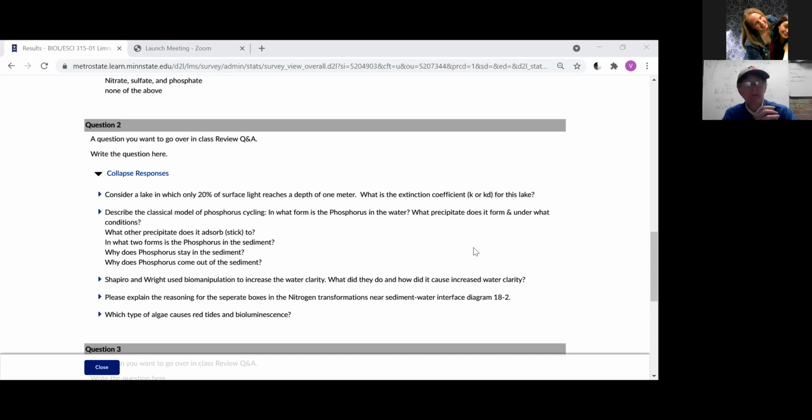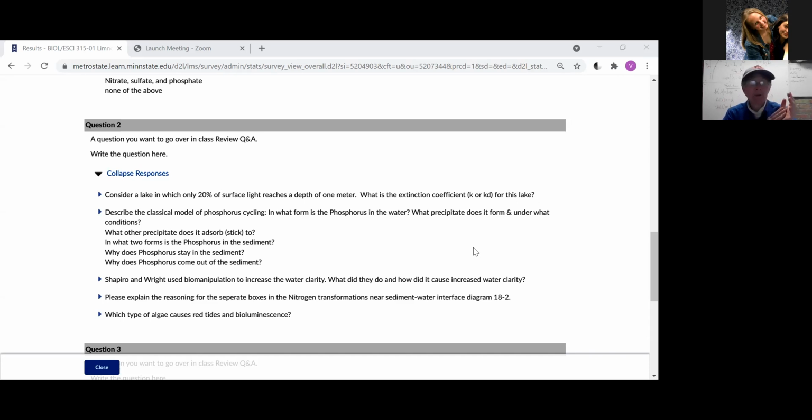What are the forms that phosphorus is in the sediments? Well, in the classical model, it's either there as iron phosphate or phosphate ions. If it's phosphate ions, it'll dissolve out of the sediment. If it's iron phosphate, it will stay in the sediment.